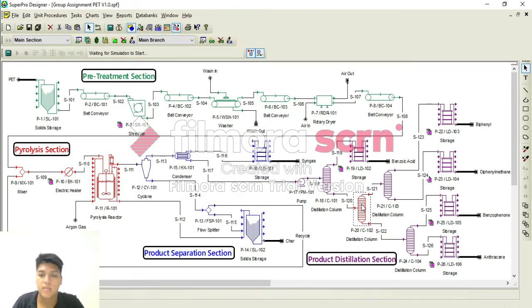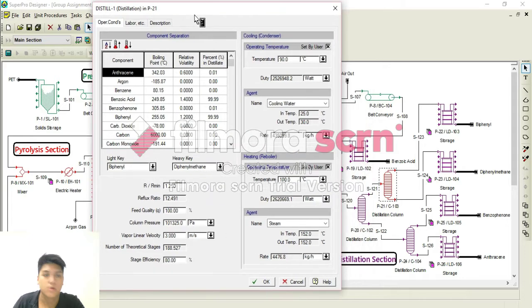The distillate from the second distillation column will enter the third distillation column to further separate biphenyl and diphenylmethane. In the third distillation column, biphenyl was set to be the light key, whereas diphenylmethane was set to be the heavy key. The relative volatility for benzoic acid and biphenyl was set to be 1.4 and 1.2 respectively, with 99.99% in distillate. Whereas for diphenylmethane, benzophenone, and anthracene, they have 1, 0.8, and 0.6 as their relative volatility, with the same 0.01% in distillate.